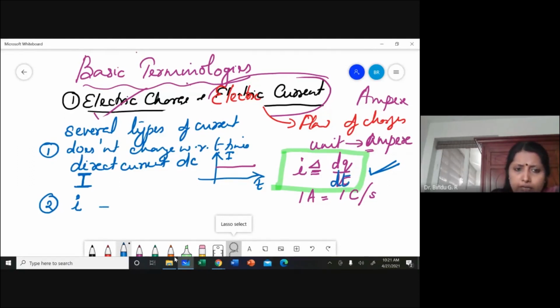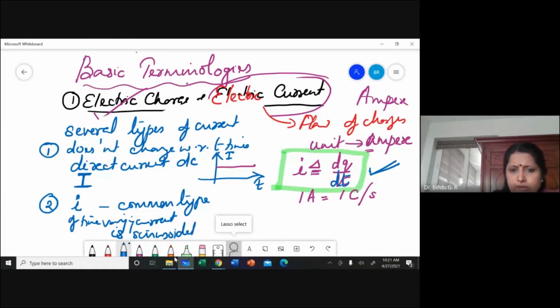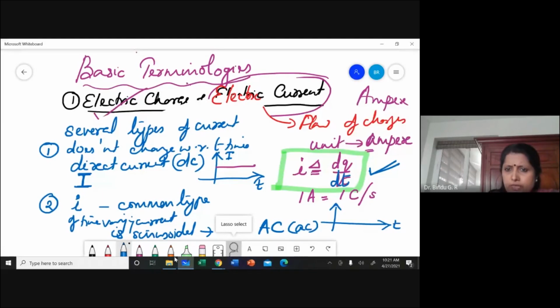A common type of time varying current is sinusoidal in nature, sine wave, and this is called AC, or alternating current, which we represent as AC. This is DC. And if I draw a graph between t and small i, I'll get a sine wave. It's varying like this. Okay.